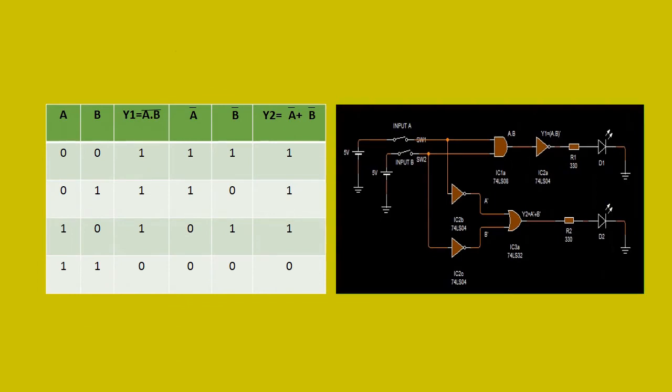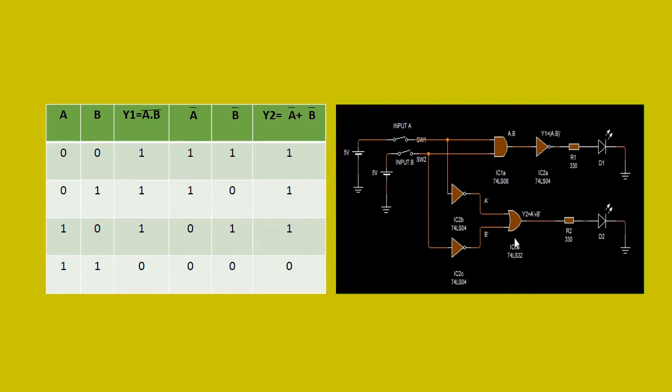So this is the circuit implementation of the second law of De Morgan's theorem. Here we use one AND gate chip, chip number 7408. We use 3 NOT gates: one NOT gate here, one NOT gate here and another here, chip number 7404.